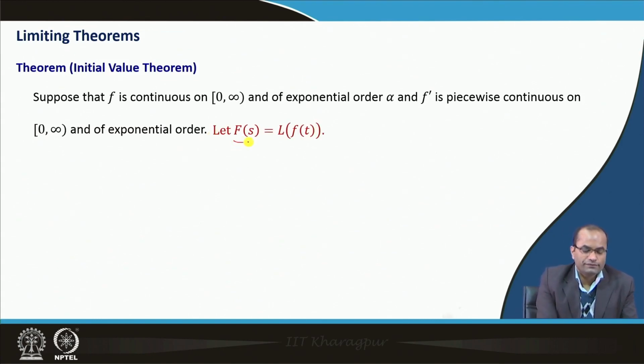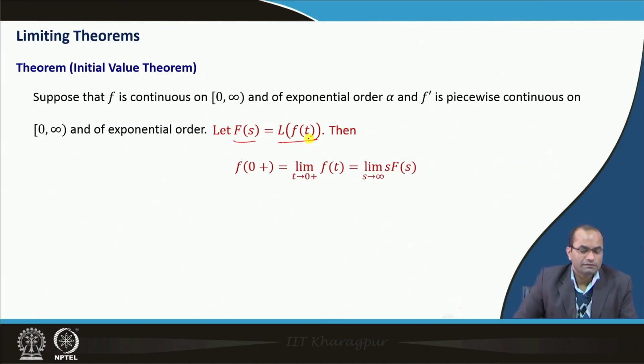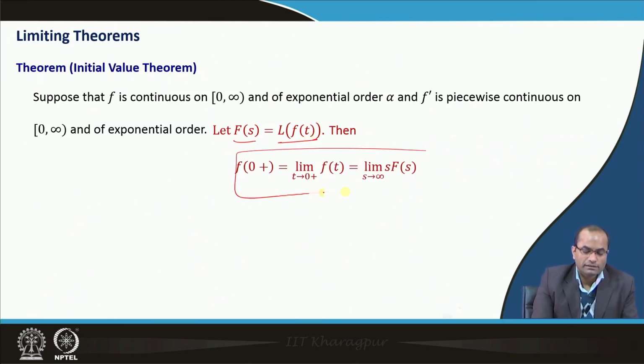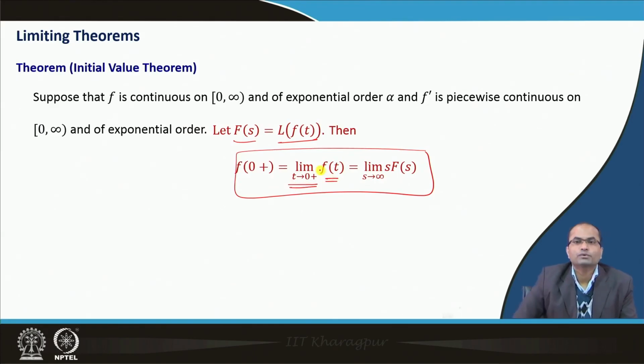So, suppose this F(s) is the Laplace transform of f(t), then this initial value theorem says that the limit of f(t) as t approaches 0, the limiting value of this f(t) as t approaches 0, would be equal to the limit as s approaches infinity of s F(s).